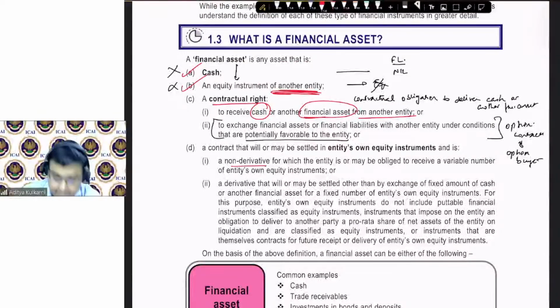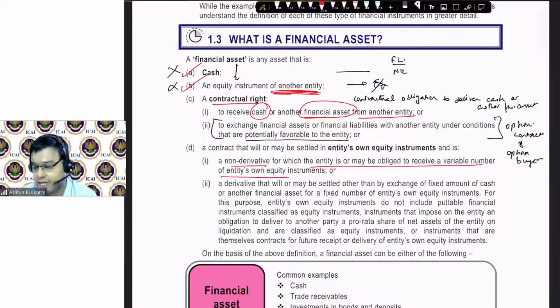A non-derivative for which the entity is or may be obliged to receive a variable number of the entity's own equity instruments, or a derivative that will or may be settled other than by exchange of another financial asset for a fixed number of the entity's own equity instruments.